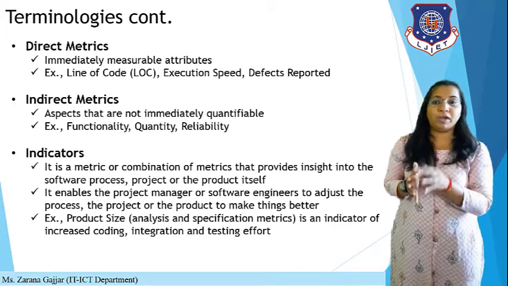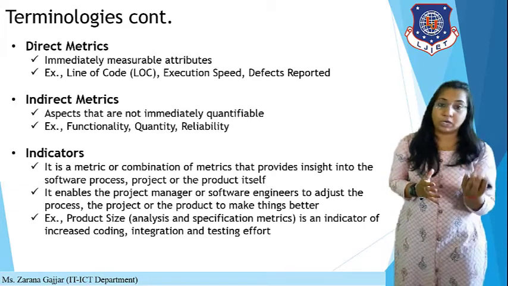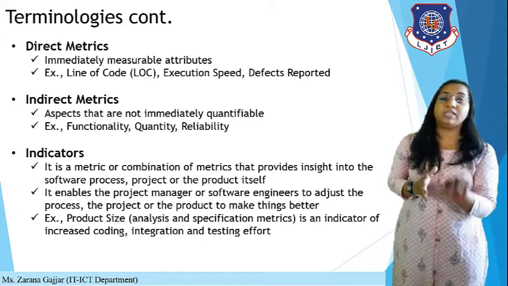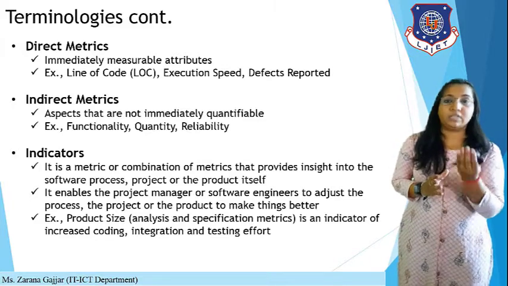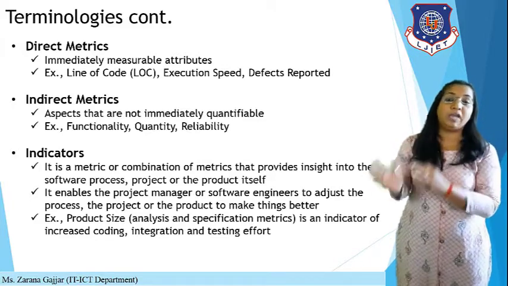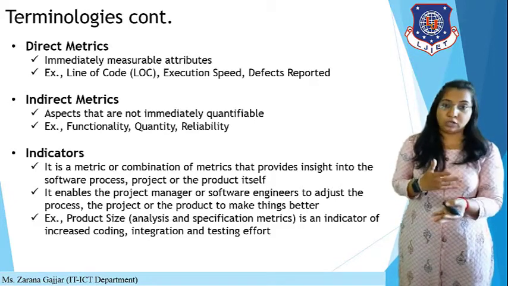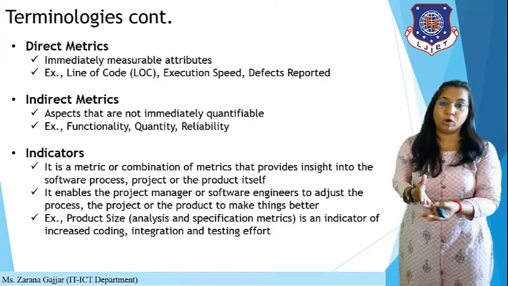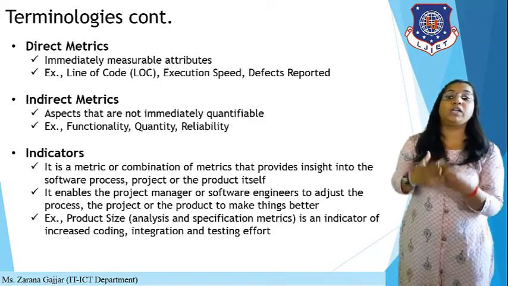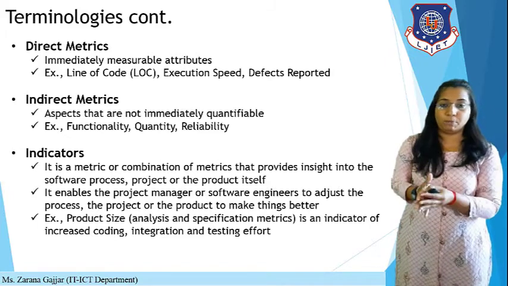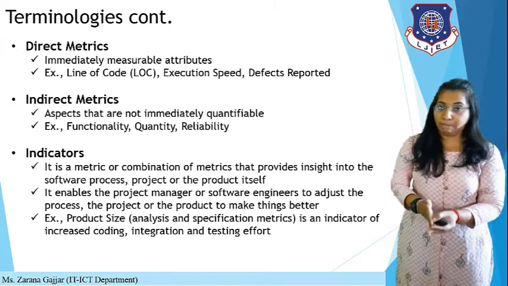During software development you identify the direct metrics, but after releasing that particular product you can measure indirect metrics. For an example, functionality: what functionality are you developing? Then quality, and then reliability: what is the reliability of that particular product? So this will be measured in an indirect metric.